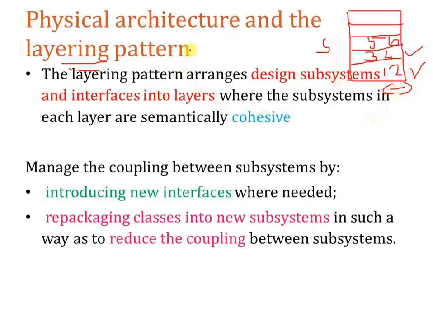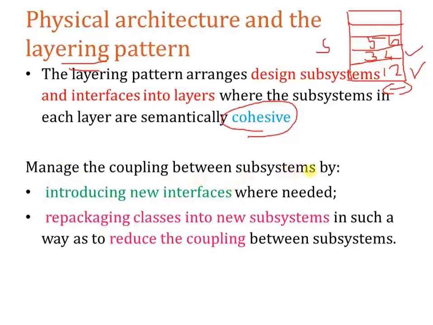This idea of arranging the subsystems in order is done by means of the layering pattern. To make cohesiveness, subsystems 1 and 2 are said to be highly cohesive, but subsystems 1 and 3, or 2 and 3, are said to be less cohesive. That is, they are less dependent.